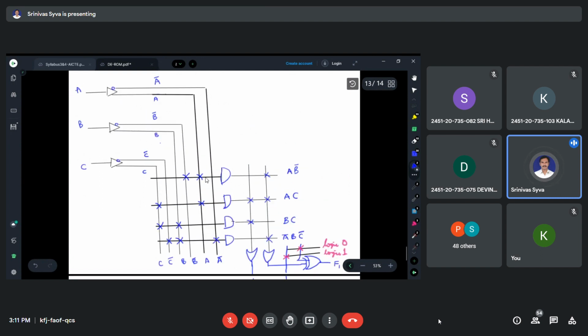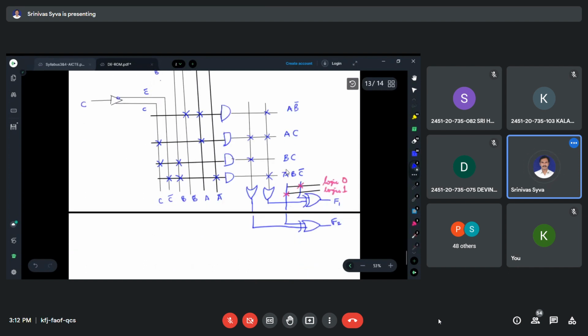See, only required fuses are provided to generate the products A B bar, A C, B C, A bar B C bar. And this PAL is implementing the sum of the products form of a given function, SOP, sum of the minterms. So all the minterms are not being generated here.